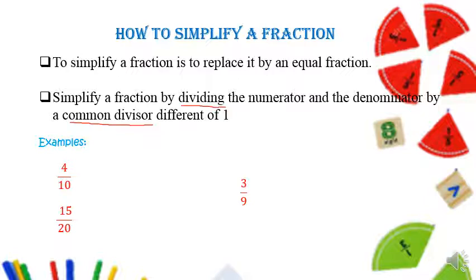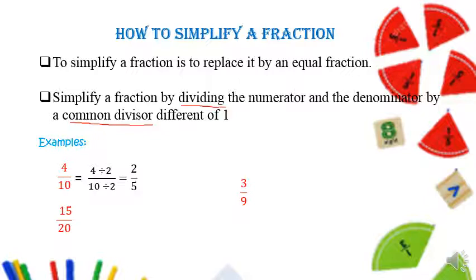Example, you have 4 over 10. Let's simplify it. Look, 4 and 10 are even numbers, so they are divisible by 2. If you divide them by 2, you will get 2 over 5. Can I simplify 2 over 5 more? No, it is in the simplest form. Now, 15 over 20.